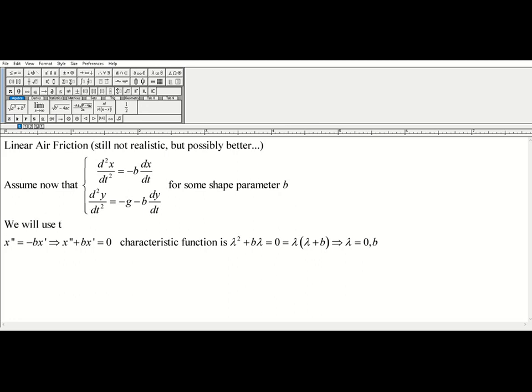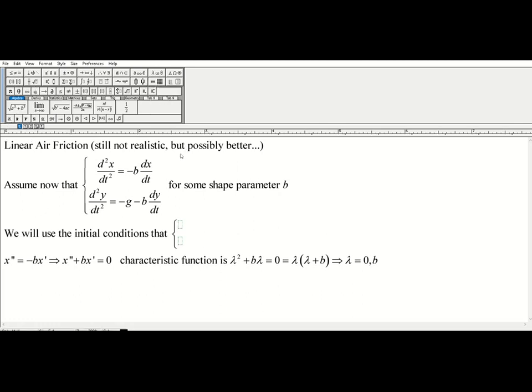Now, let's go ahead and put in some initial conditions. So let's set in our initial conditions of x at 0 is going to be 0, y at 0 is going to be some value we're going to call y naught.